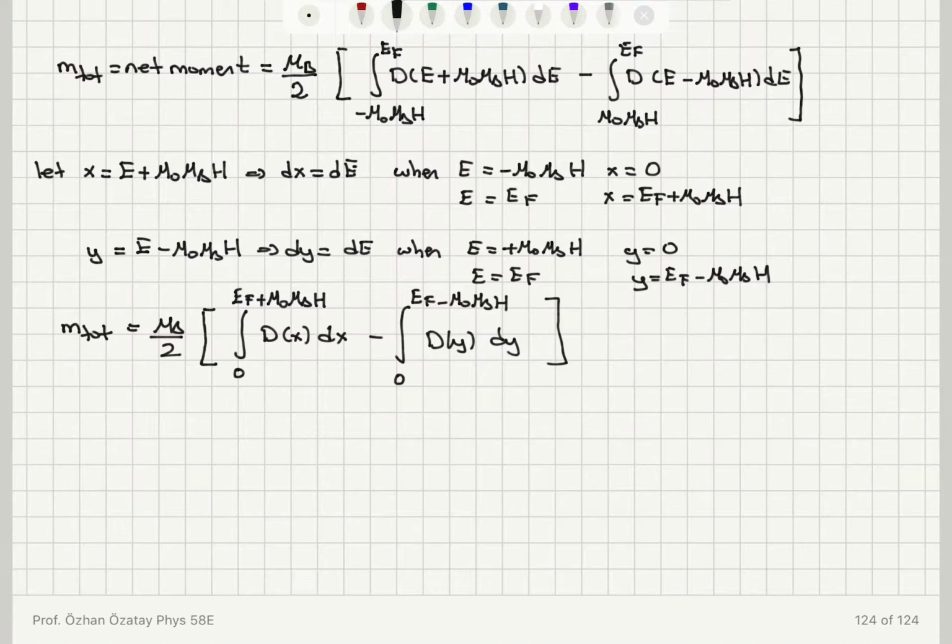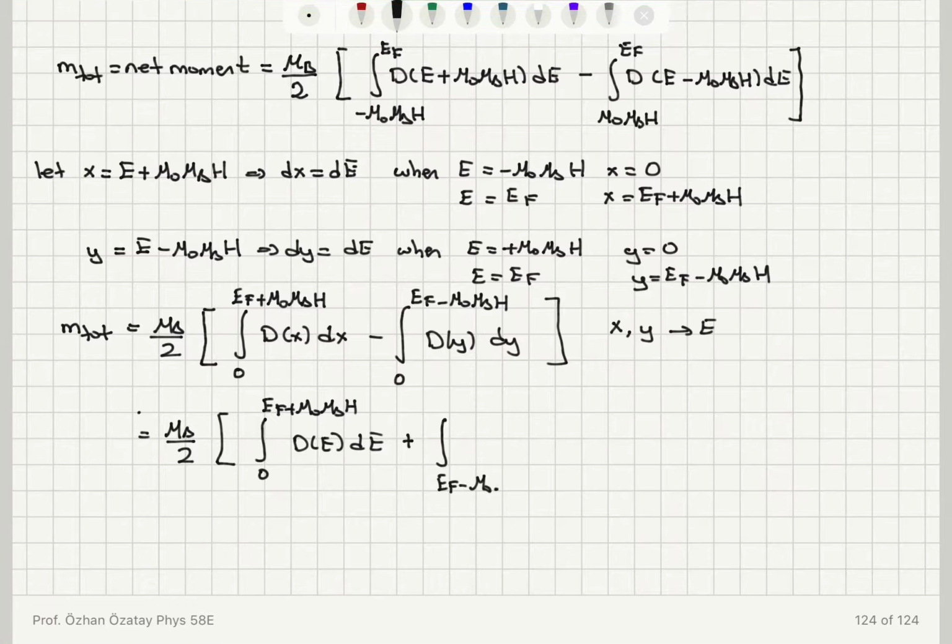So you can write this as, let x and y be energy E. So this is nothing but Bohr magneton over 2, the integral from 0 to E Fermi plus mu 0 mu b h density of states dE, and then I have plus the integral from E Fermi minus mu 0 mu b h to 0 density of states dE.